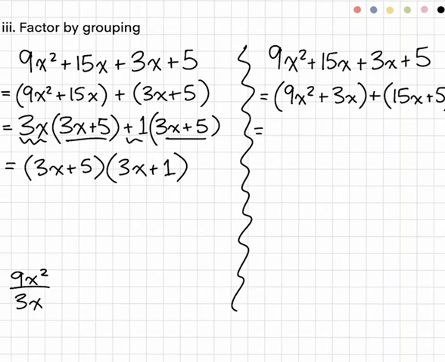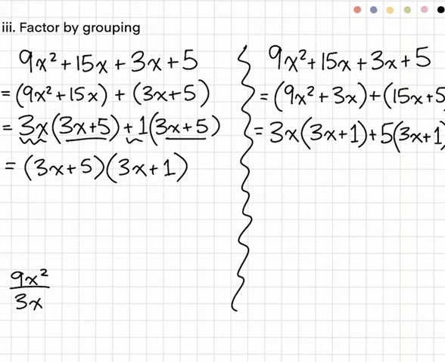Between the 9x squared and the 3x, I can take out a 3x, and that's going to leave me with a 3x plus 1. And then over here, I can take out a 5. If I divide everything in the brackets by 5, I'm left with a 3x and a 1.